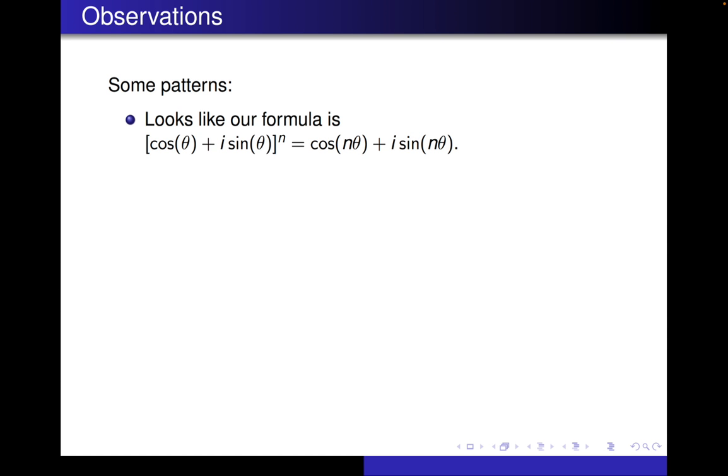All right, so patterns, you probably figured out all these by yourself. First of all, it looks like the formula that we're going to end up with is cosine theta plus I sine theta to the n power is equal to cosine of n theta plus I times sine of n theta, right? Each of those cases, that's exactly what we got. There's no reason to think that the formula isn't going to keep going.